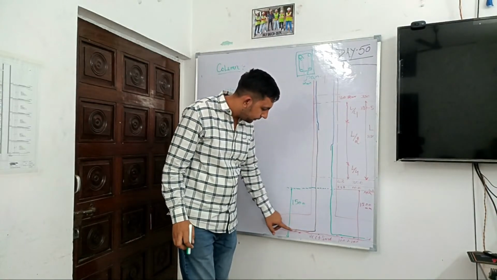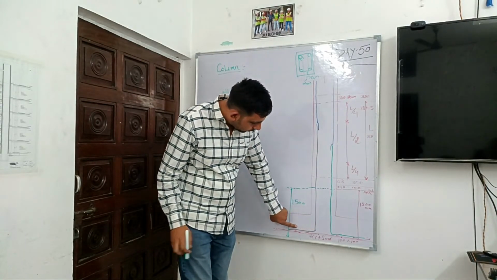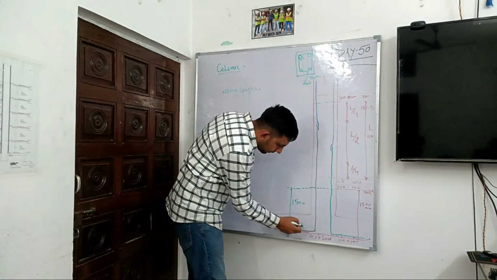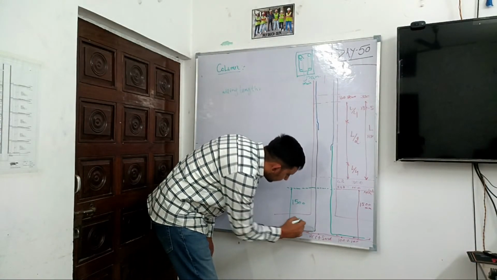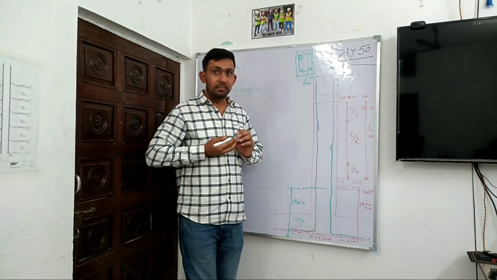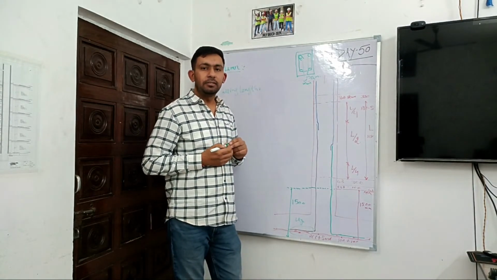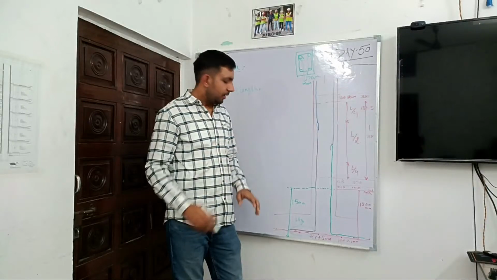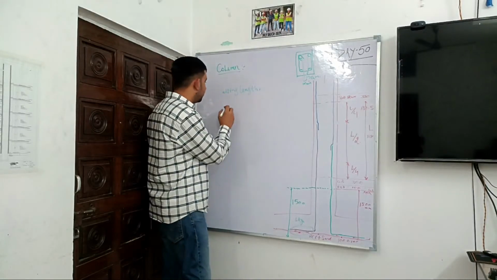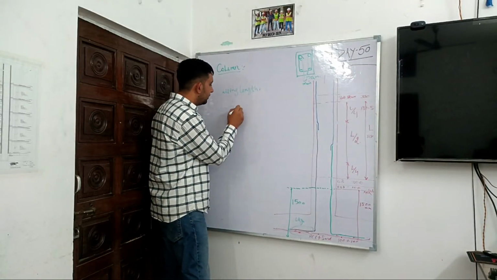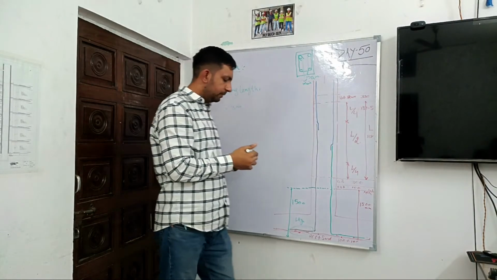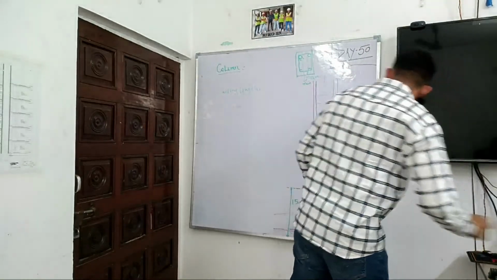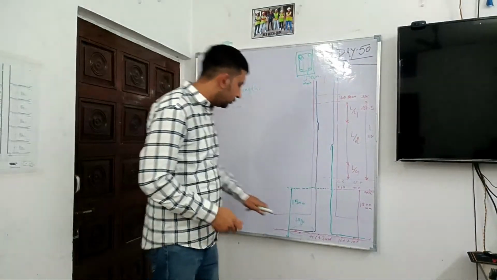You can easily see here, this portion is called the leg. Unless it is stated otherwise, we usually take it as 300 mm. So this point is our 300 mm. Let's write 300, and then we reach this point.